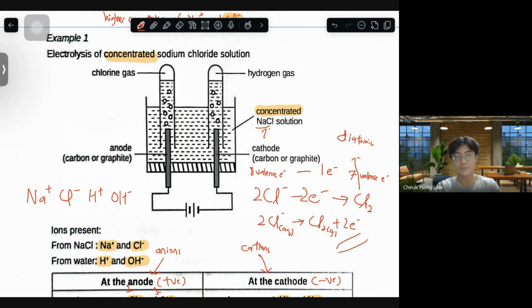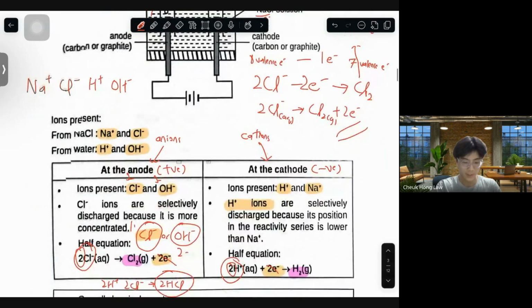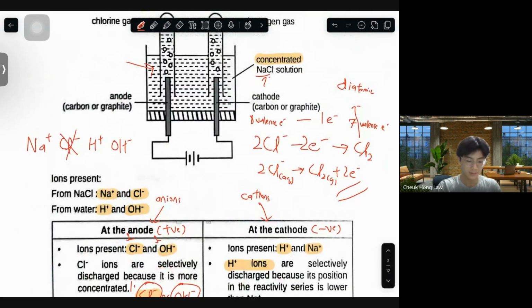There will still be something remaining as the solution, as the electrolyte. So how do we know? We know that chloride ions are being selectively discharged. H plus ions are being selectively discharged. So what is left? Can anyone tell me what is left in the solution? After chloride ions and hydrogen ions are selectively discharged, we are left with these 2 ions, right? So what is the compound in the electrolyte that is left?